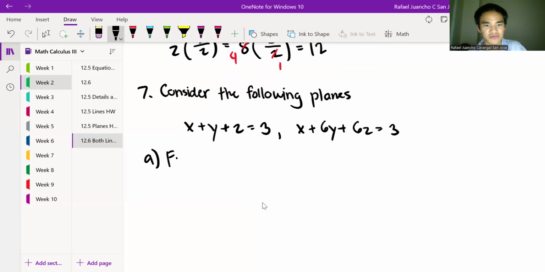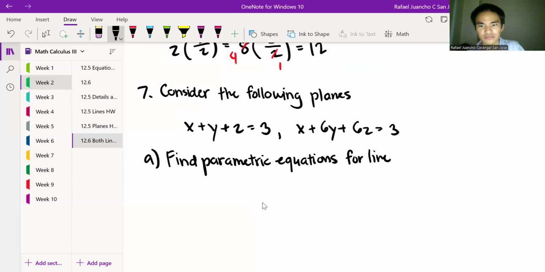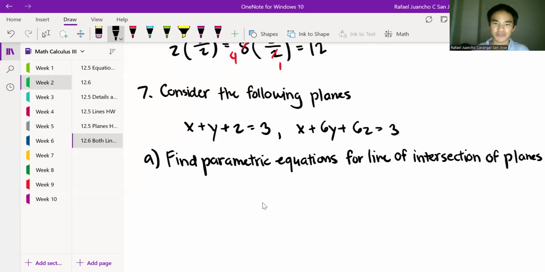What's our first task? We want to find parametric equations. So this is a line, the line of intersection of the planes.